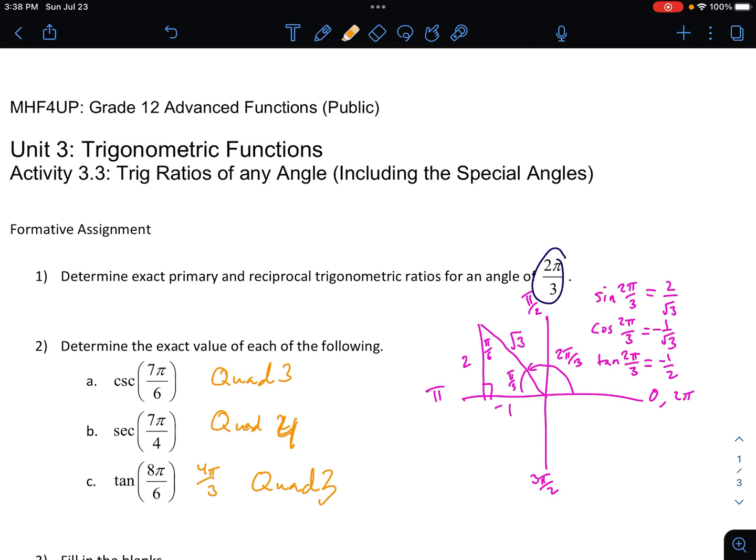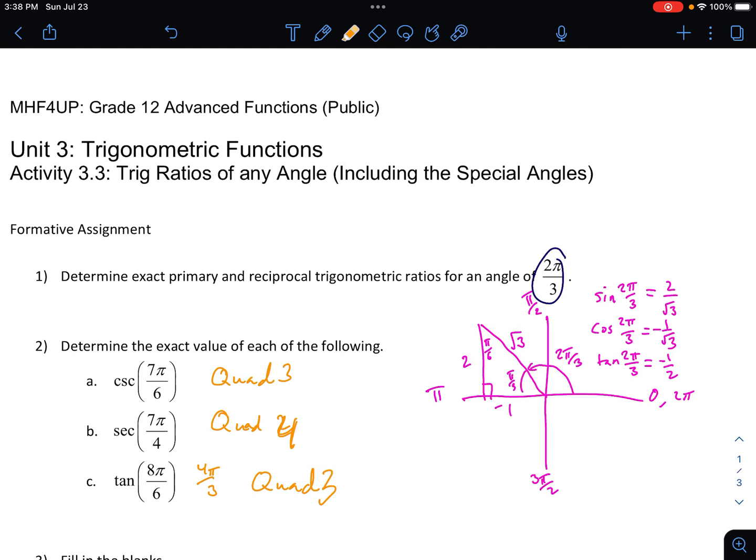So when you're thinking about 2 pi over 3, it's more than pi over 2, because pi over 2 is the same as 90 degrees or a half. Let's think about it as a fraction, like a half. Well, 2 pi over 3 is like 2/3, which is 0.666, so that's why it would be in that next quadrant over.